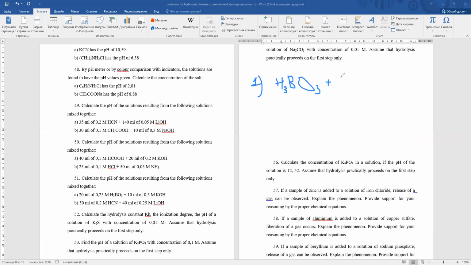The base, and it forms BO3 and phosphor.